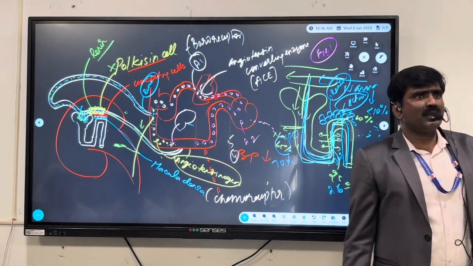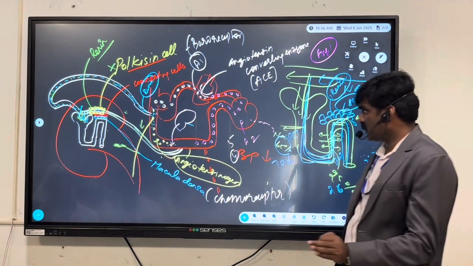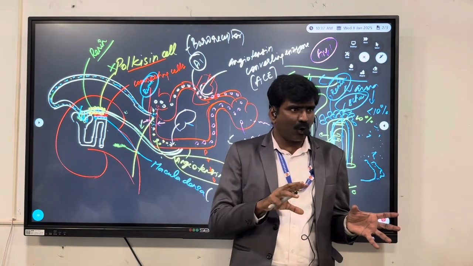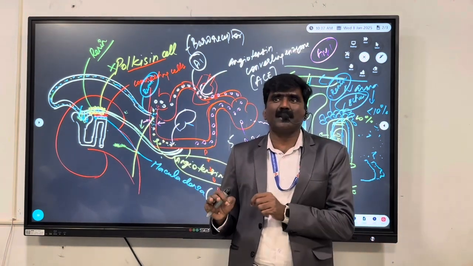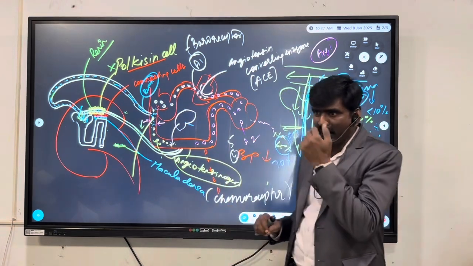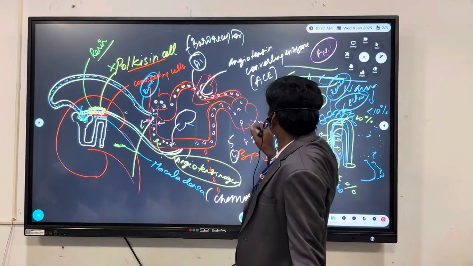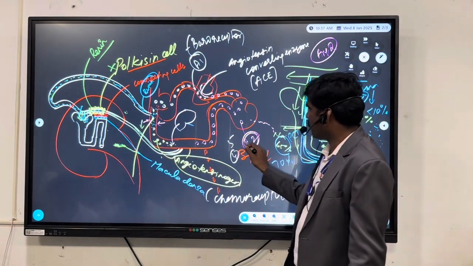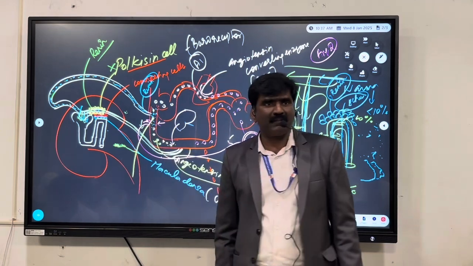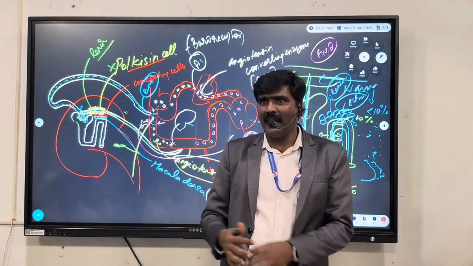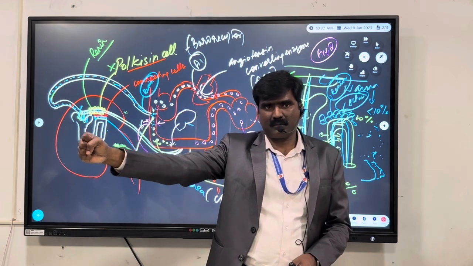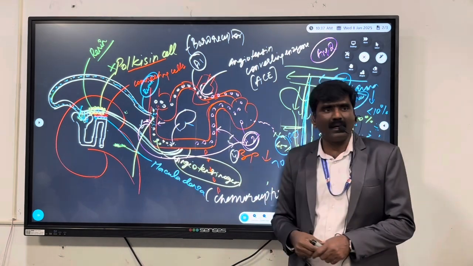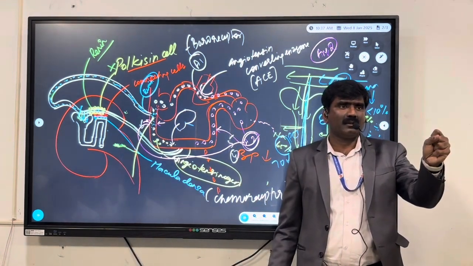I am not talking about angiotensin 1. Angiotensin 2 binds with the receptors of veins and constricts the veins. Right? When angiotensin 2 acts on the artery, it will constrict the artery.